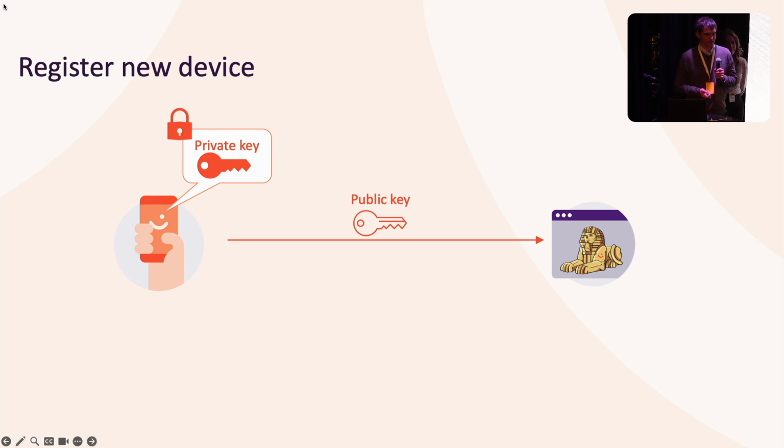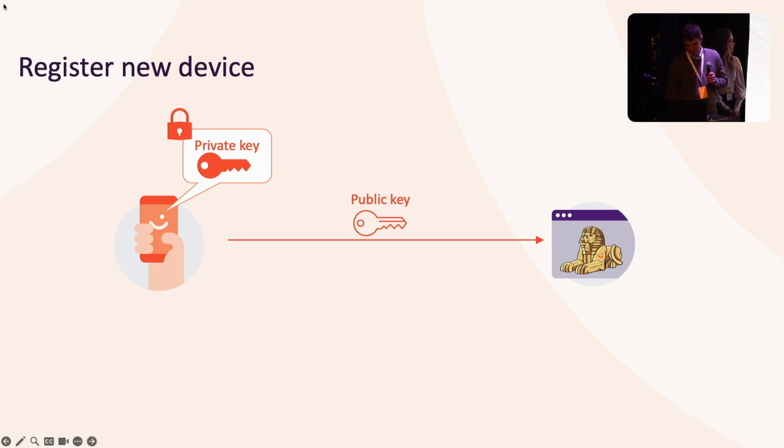All requests that the app makes afterwards are signed by the private key. So therefore we know that whoever sends this request has access to this private key, and this private key is locked inside the crypto processor inside the phone.